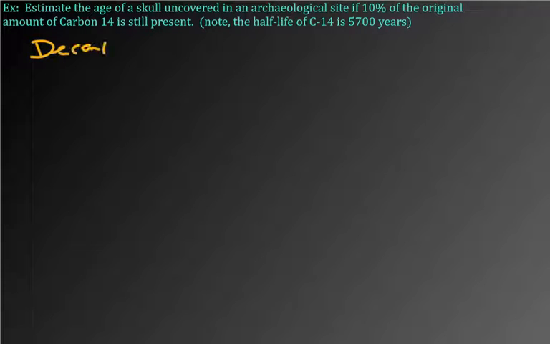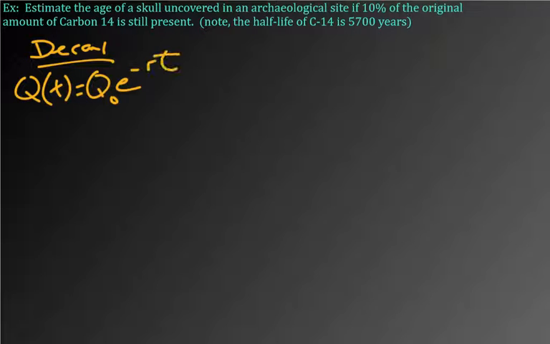So we want to plug in what we know from this equation. And again, this is end quantity, initial quantity, and rate and time. And the negative is what's going to make it decay, right? It's going to drop down quickly like that.